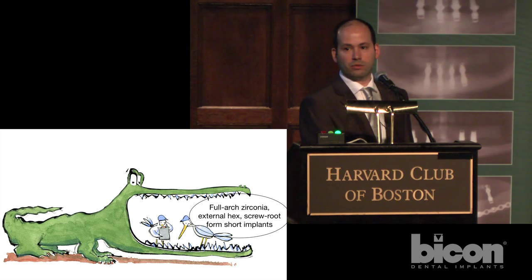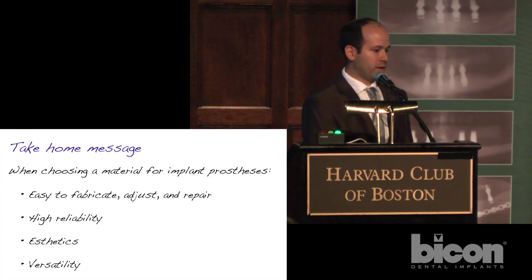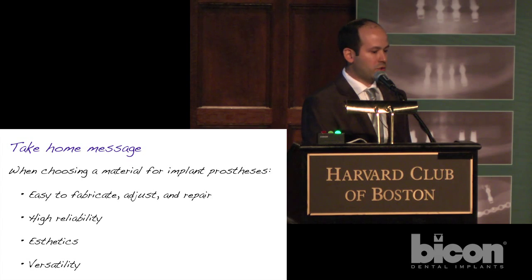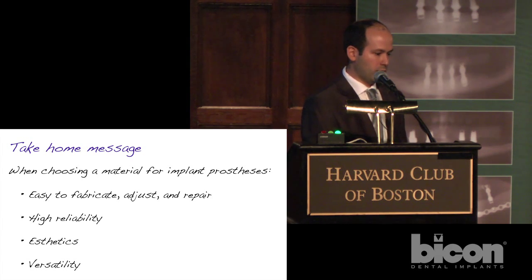Do you think they're looking for trouble? I think so. So as a take-home message, when choosing a material for implant-supported prosthesis, let us consider how easy it is to fabricate, adjust, and repair. Always remembering that implant-supported reconstructions commonly demand more maintenance than tooth-supported ones.